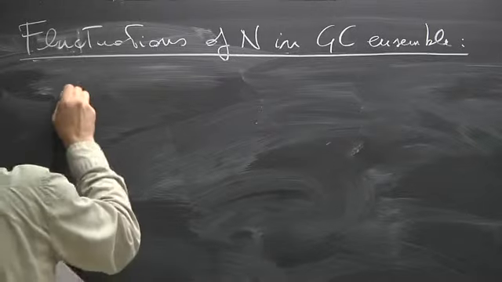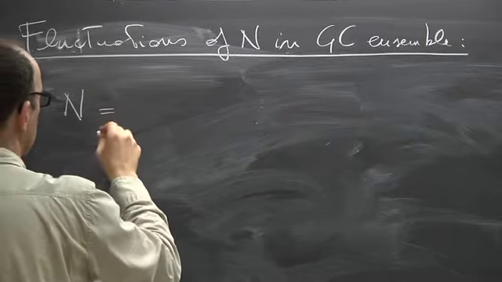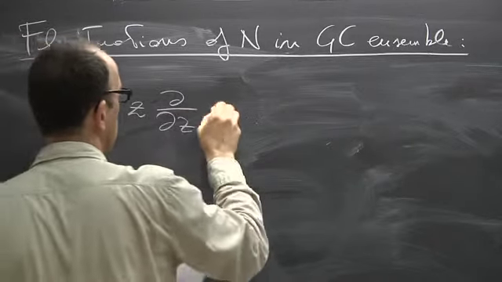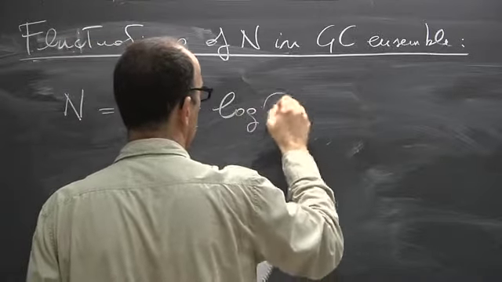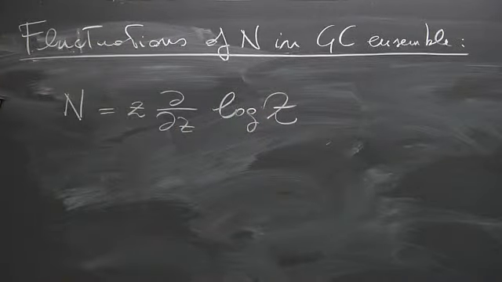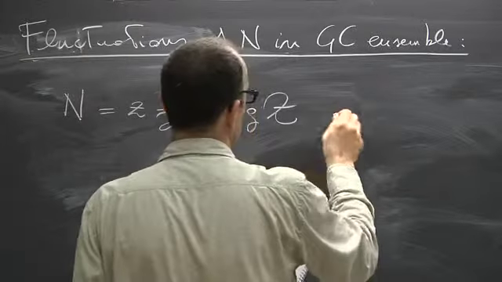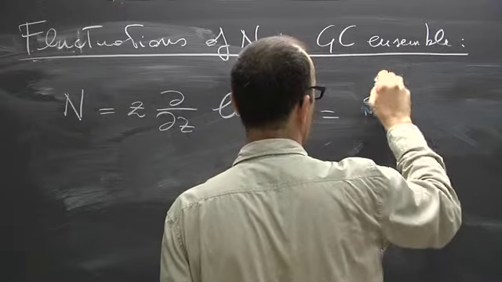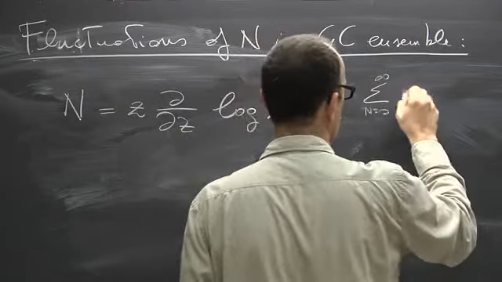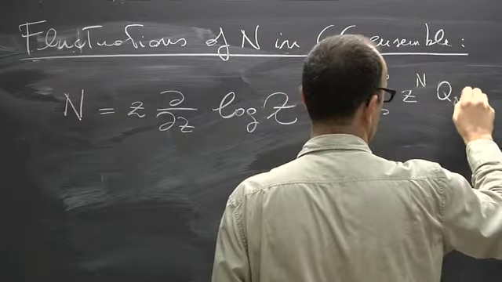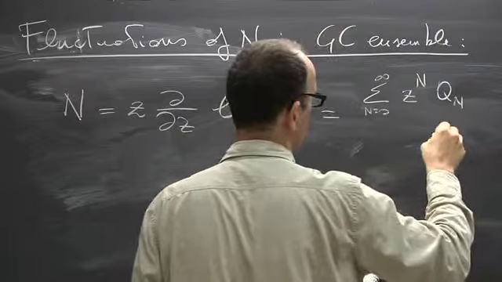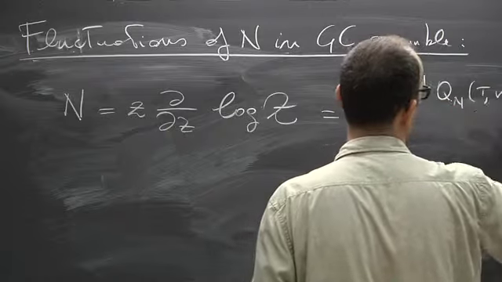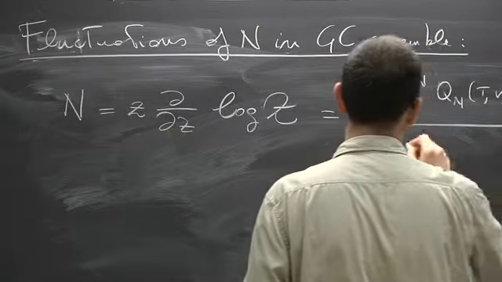So we have said that the number of particles can be computed as the derivative with respect to the fugacity of log of the grand canonical partition function, because this is nothing but the sum from n equal to 0 to infinity of small z to the n times the partition function of temperature T and V times z divided by the same thing.